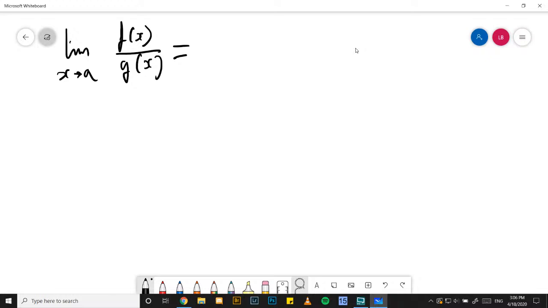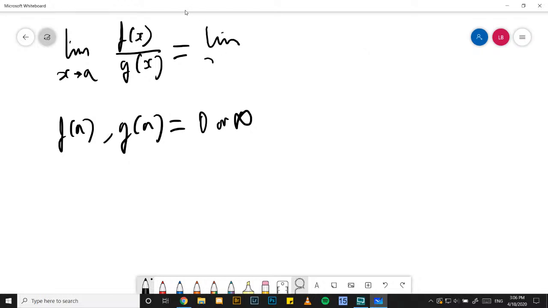L'Hopital's rule basically says that if you have the limit as x approaches a of some f of x over some g of x, and if f of a and g of a both evaluate to 0 or infinity, then this is the same as the limit as x approaches a of f prime of x over g prime of x.